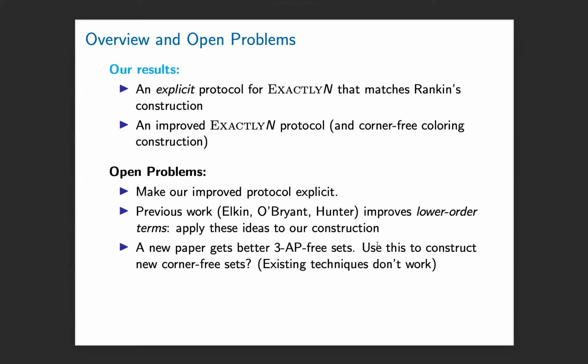So it seems like we should be able to use this to construct new, larger corner-free sets, but unfortunately, existing techniques don't work here. And Green's corner-free set construction actually is still better than if you apply the naive reduction for this thing. So it seems like new ideas are needed here to get more.